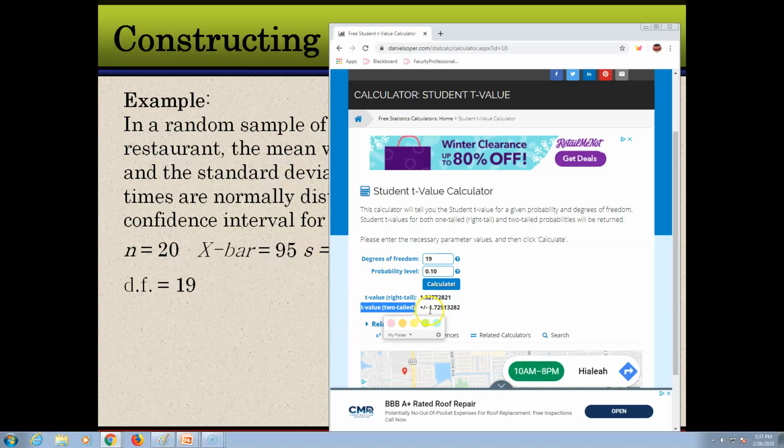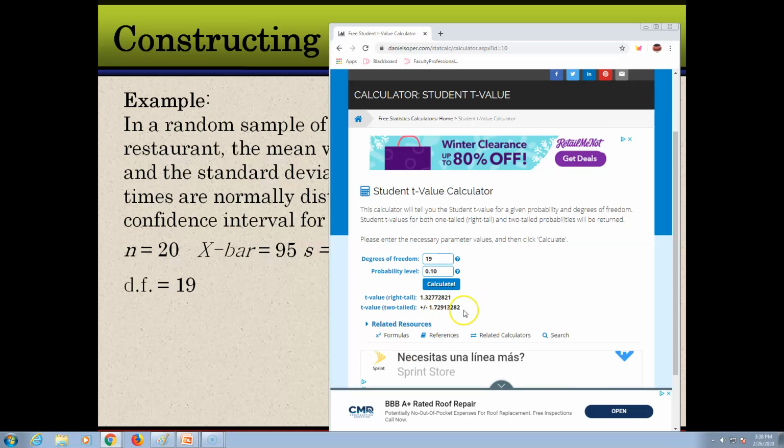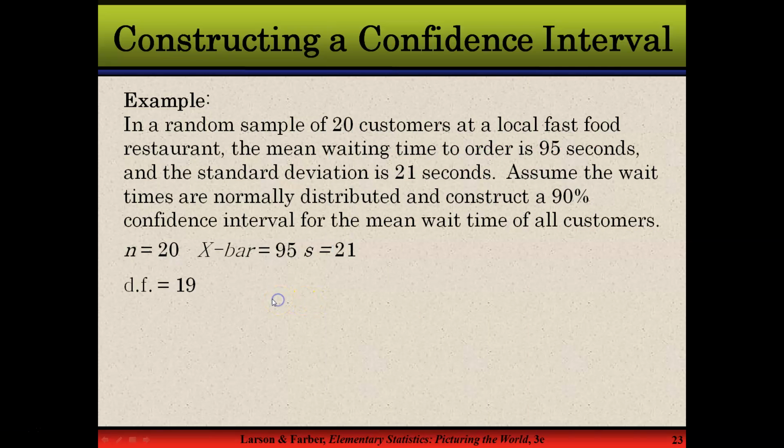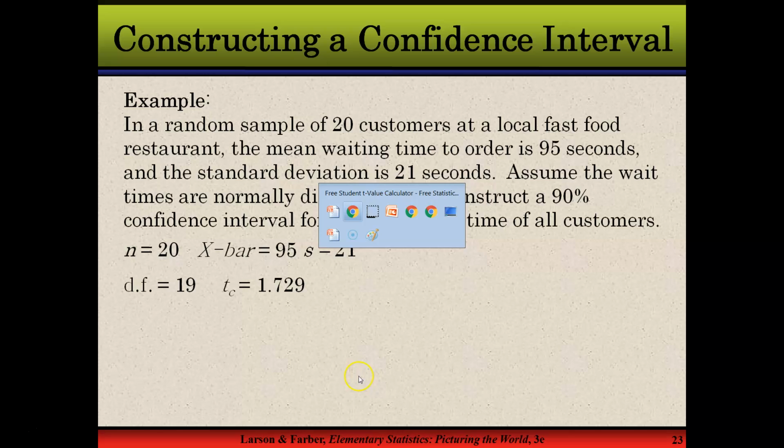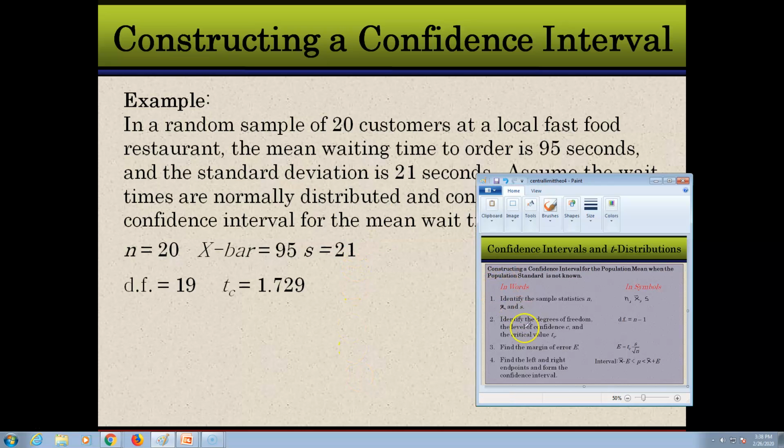It says plus or minus 1.7 and so on. However, when you take the two-tail value, you always take the positive. If I round to 3 decimal places, that will be 1.729, and that is my TC, my critical value. And I did step number 2: identify the degrees of freedom and the critical value, TC.